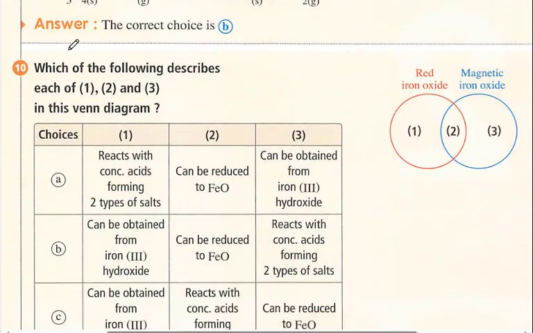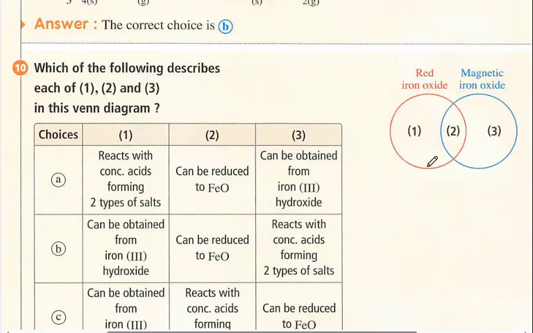Let's have the last example here in the unit of transition metals. Which of the following describes 1, 2, 3 in this Venn diagram? So 1 here is the area of iron 3 oxide or red iron oxide. This area 3 is magnetic iron oxide, and the common area is something in the properties of red iron oxide and magnetic iron oxide at the same time.